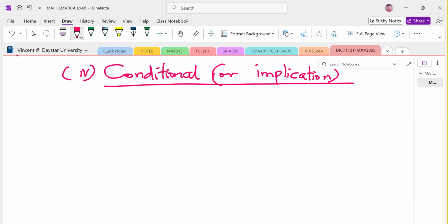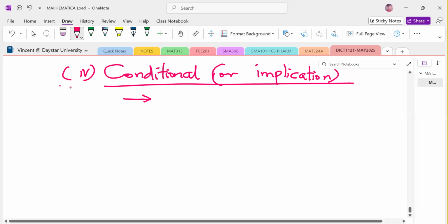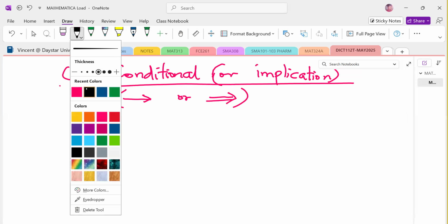And we use this notation, an arrow, for conditional. As usual, we start by definition, give examples, and draw the truth table.